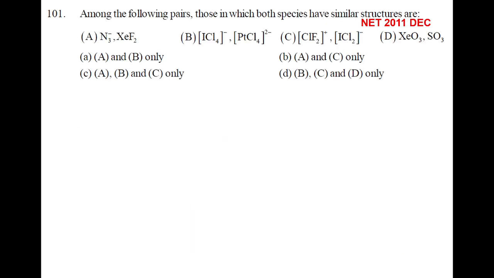Then moving to another and last question of this video. Among the following pairs, those in which both species have similar structure: which two species have similar structure? N3 minus, XeF2, ICl4 minus, PtCl4 2 minus, ClF2 plus, ICl2 minus, and so on. So we have to discuss the structure of all these molecules.